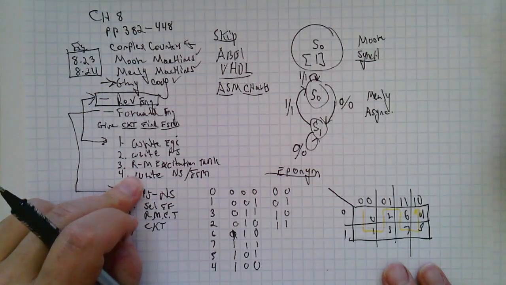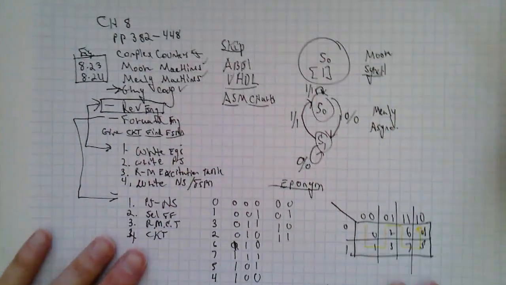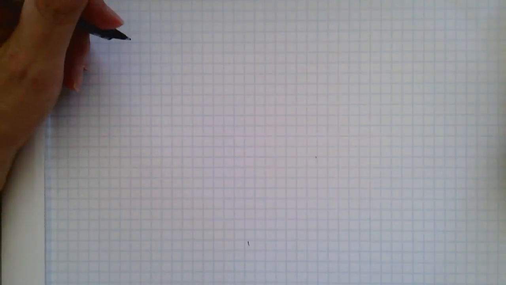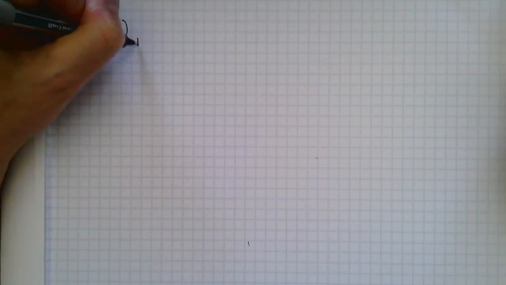So first thing we have to do is write the equations. Given a 3-bit counter, use reverse engineering for this self-starting counter. So what do we see? T sub A, this is question 11. T sub A equals, you tell me, what does T sub A equal?